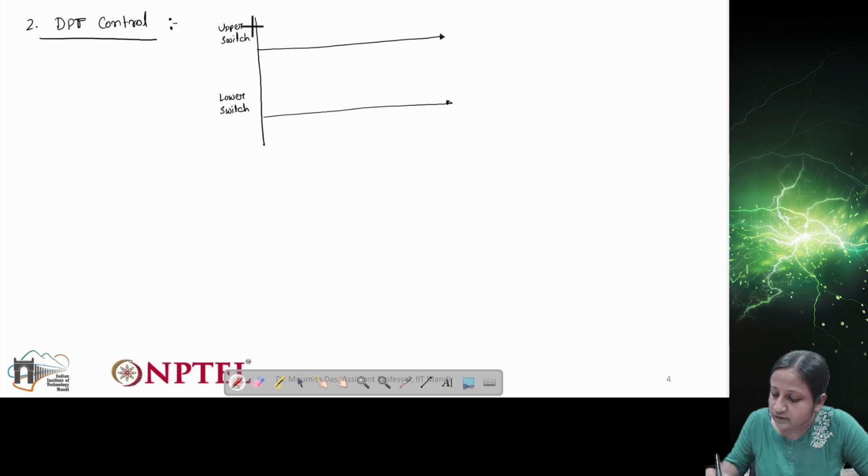The switching signal we need to provide to the upper switch is like this, meaning the upper switch will always be in the off condition. Now how does the lower switch pulse look? The lower switch pulse will be like this.